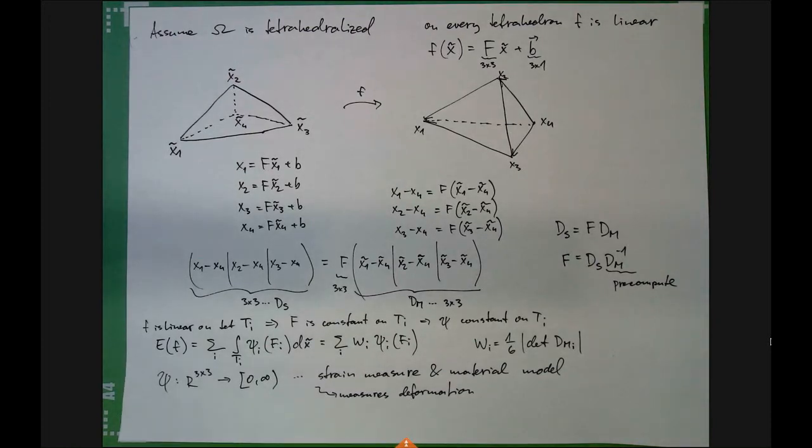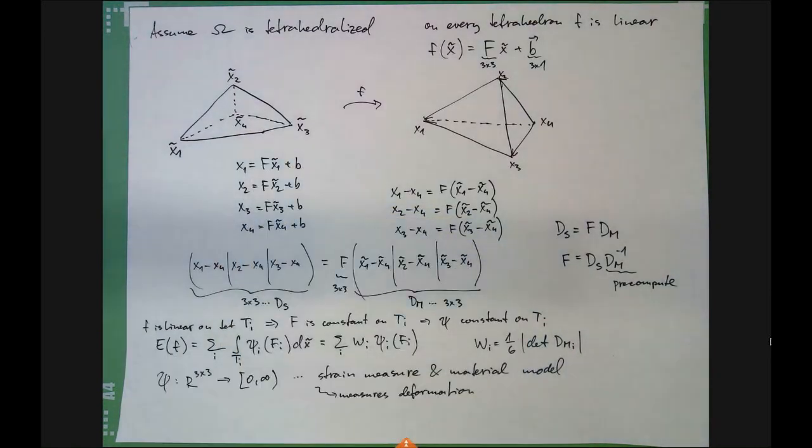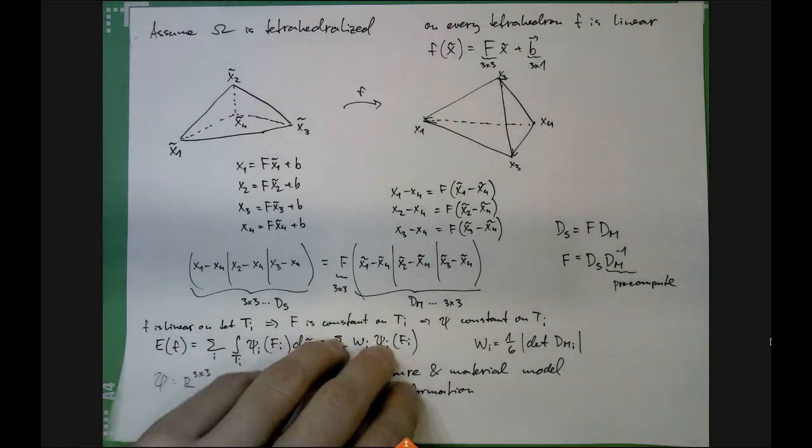And if it's small, if it's 0, it means that it has not been deformed at all. Okay? And now the main fun of continuum mechanics consists in choosing different energy deformation density functions, different psi functions. So let's take a look at that.